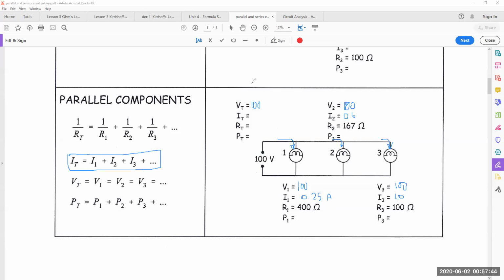So here, in order for me to find my I total, I have to add 0.6 amps, 1 amp, and 0.25 amps. If I add all of them, I will get 1.85 amps.